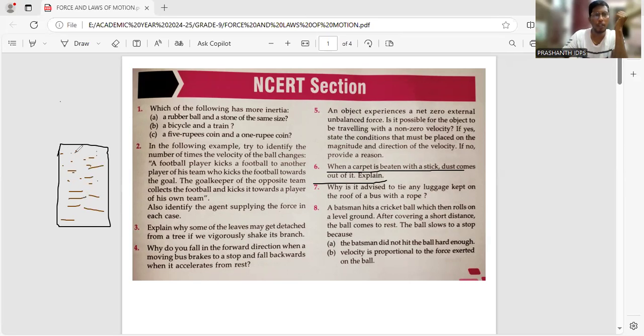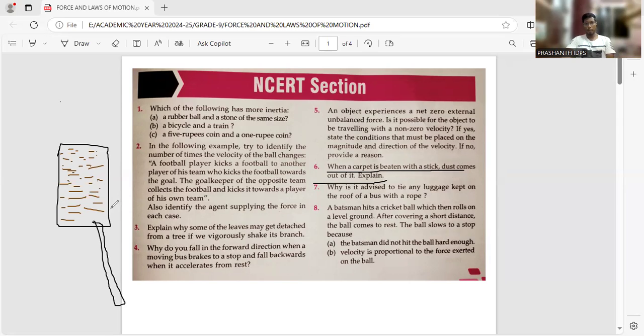Of course, in every house, when the house is being cleaned with the broomstick, they beat these mats to remove the dust. It is the same thing. When this carpet is beaten by the stick, dust comes out of it. Why? Explain.